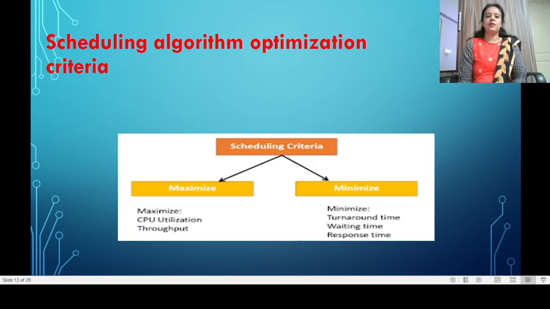Scheduling algorithm optimization criteria means there are two major things we have to maximize and three things we have to minimize. What are the things we have to maximize? CPU utilization, means 100% utilization of the CPU, and the CPU should never be idle.